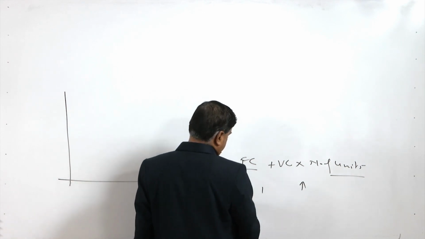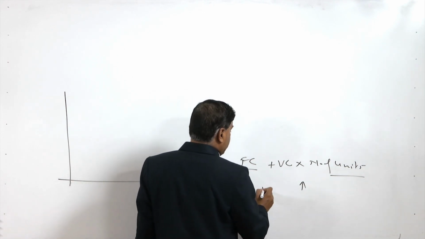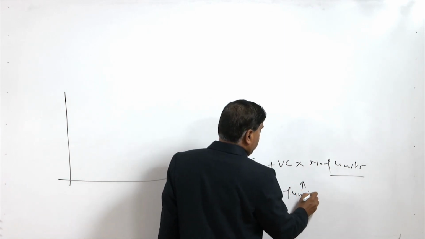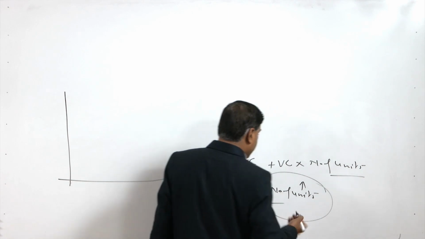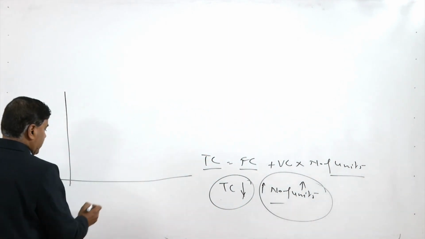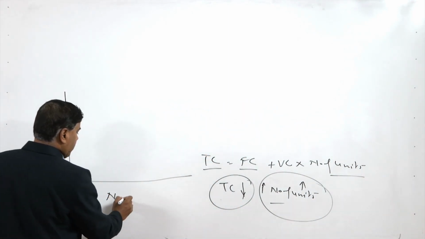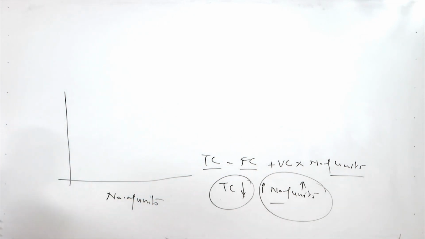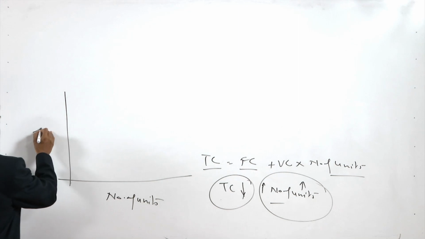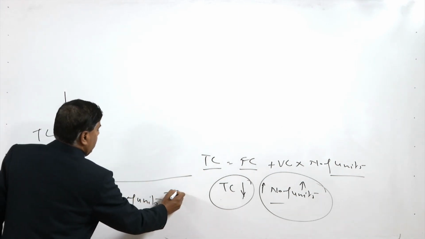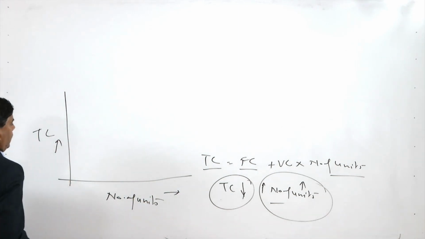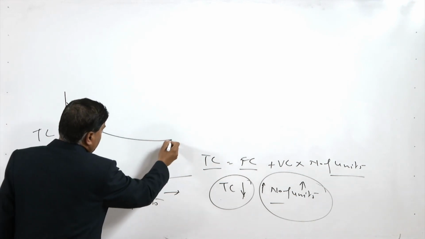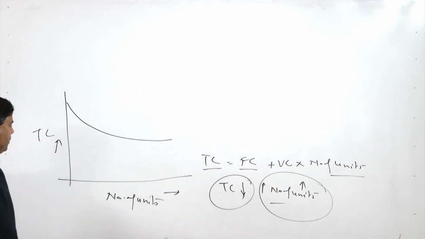This is reflected in this TC diagram, with number of units on the x axis and the total cost on the y axis. Normally the TC decreases rapidly with the increase in the number of units.